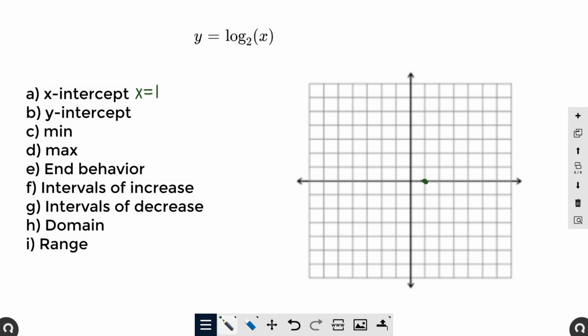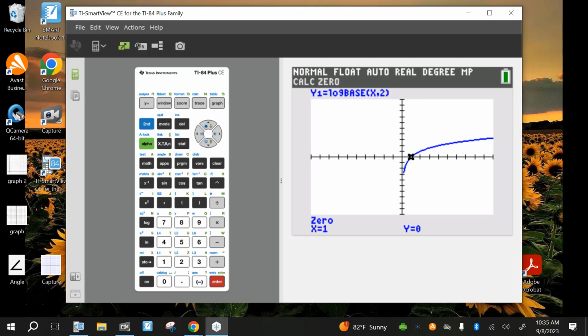What about my y-intercept? Do we have a y-intercept on this one? Well, if it's a y-intercept, what's the value of x? 0. You can hit trace 0 and enter. The trace lets you plug in a value for x to figure out what y is.